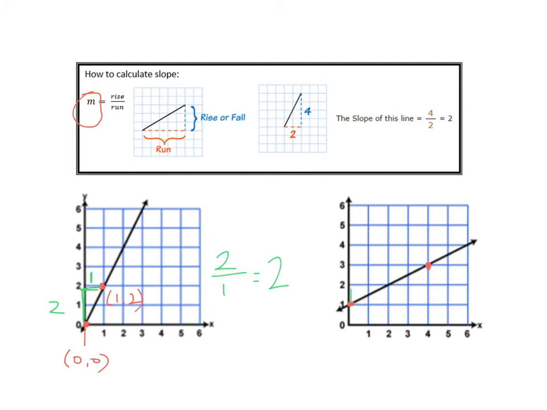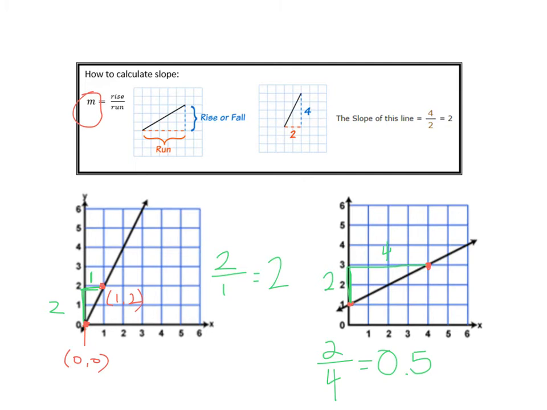From 1 to 3, the rise is 2. And then from 0 to 4 is 4. So rise over run gives me 2 over 4. And this time the slope of my line is 0.5.